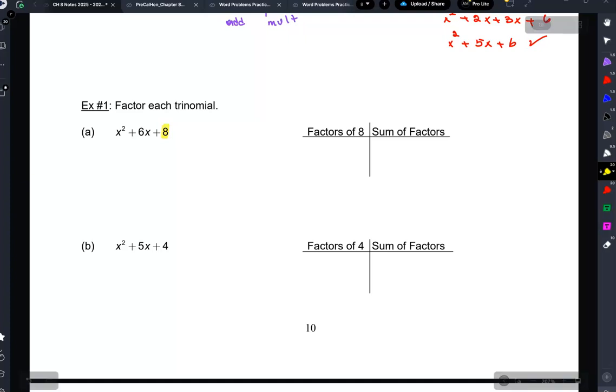So for example, what are the factors of 8? 1 and 8, 2 and 4. Which one of those pairs adds to 6? The second one, 2 and 4. So that's the one I'm going to use. So I say x plus 2, x plus 4.